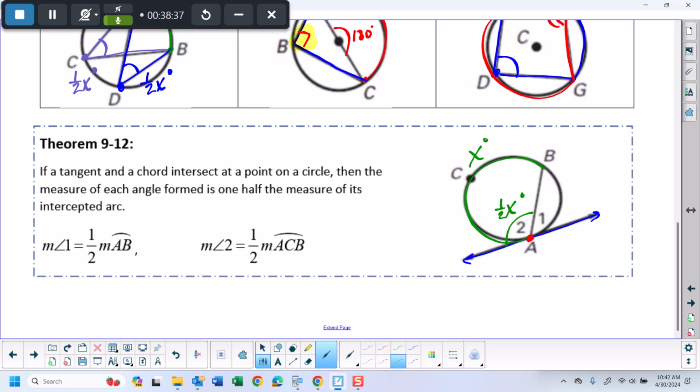And again, we can talk about the relationship between supplements, because if this arc measure, we'll call it y degrees, this angle is going to be 1/2 of y. I know that x plus y is equal to 360, so 1/2 x plus 1/2 y would be equal to 180.